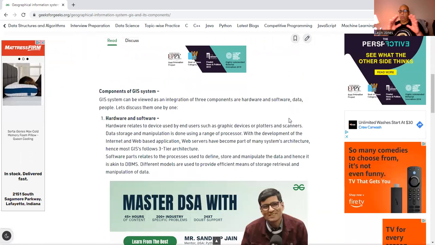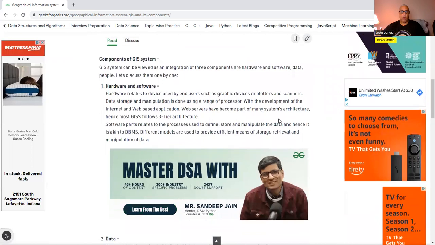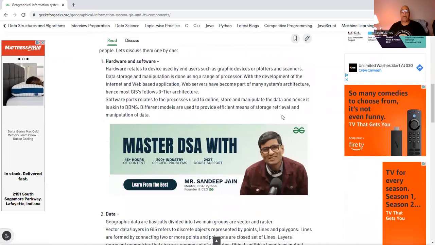Now, with every computer system, like management information systems, you have to understand the components. So let's look at a GIS system. It's basically an integration of three components: hardware, software, and people. Now, hardware relates to devices used by end users such as graphic devices or plotters or scanners.